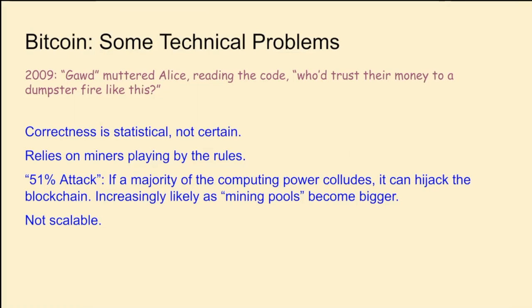That raises in particular something called the 51% attack, which basically points out that if the majority of the computing power in the Bitcoin system, or in a similar blockchain system, gets together to try to break the system, that pool can in fact hijack the blockchain.